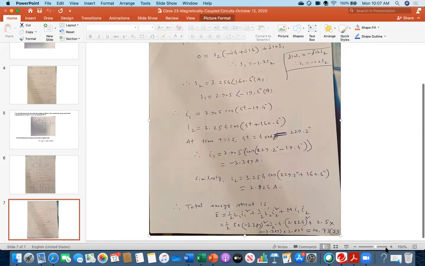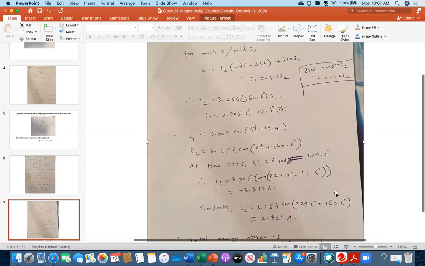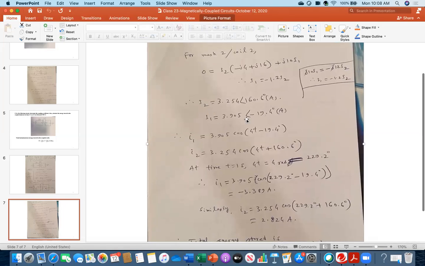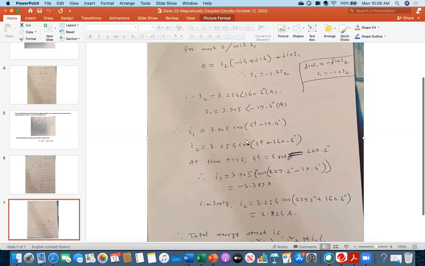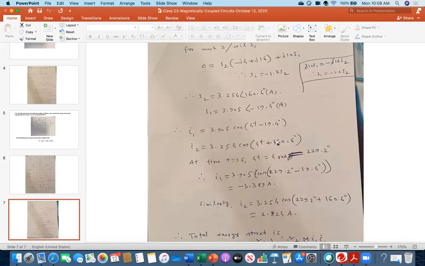Now, once I got I1 and I2 in phasor form, I am writing the time domain function. You know how to do that. I1 is this magnitude cosine of 4t minus this angle, because my omega was 4.